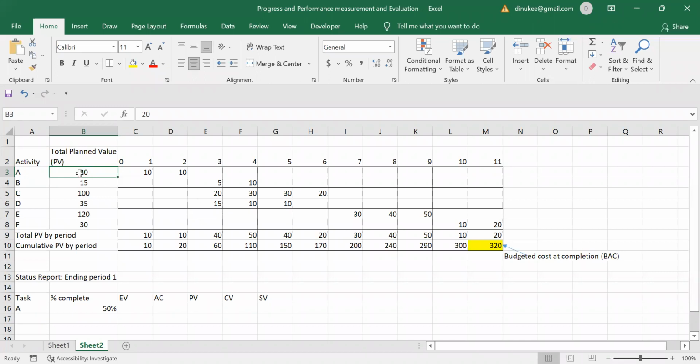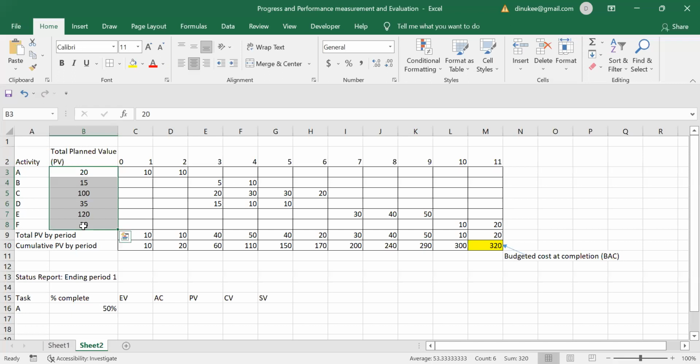So these are actually costs. If I take the summation of this total, can you see the summation of this total is 320, right? So this 320, can you see this cumulative planned value by period? So in this table also we elaborate how these costs are going to occur, right?